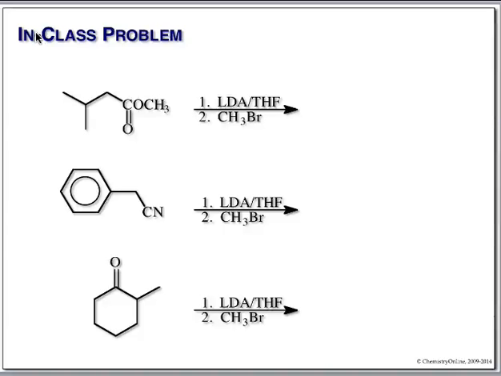In our first one, we have a carboxylate ester. We know that those are not acidic enough alpha hydrogens just to do this stuff by themselves. Therefore, you have to add LDA to make the enolate. The enolate anion will be here at the alpha carbon. That will then attack bromomethane. And all we've done is stick a methyl group here now on the alpha carbon.